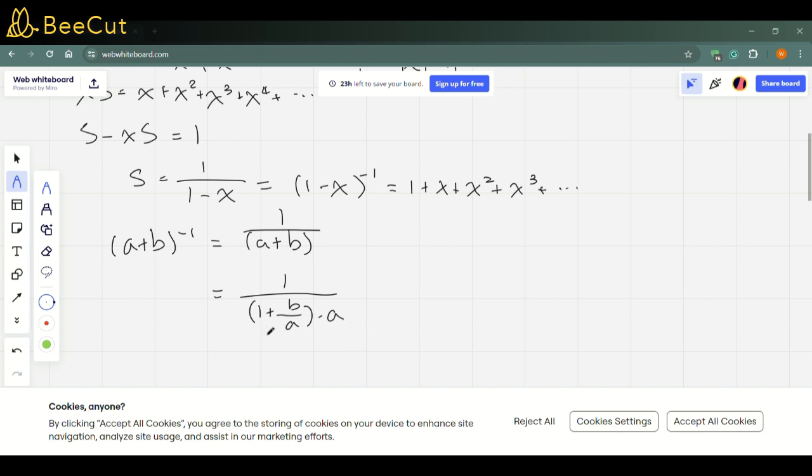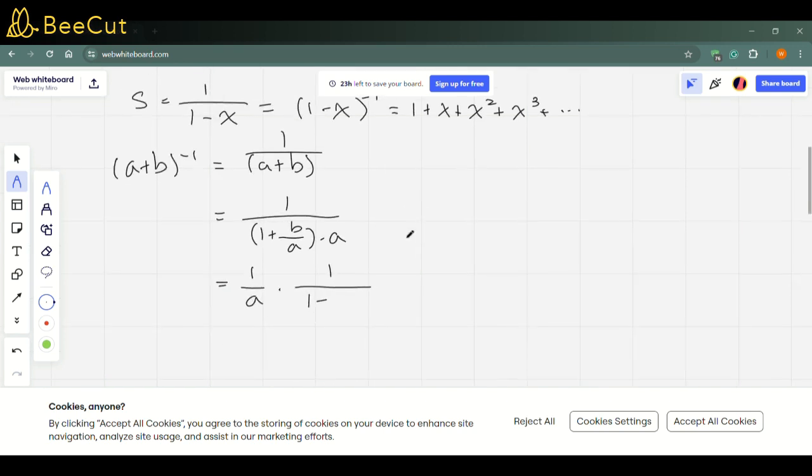So what we did is we factored an a out. So this equals 1 over a times 1 over 1 minus negative b over a. Now, note that this now matches the form of the original that we had up here.